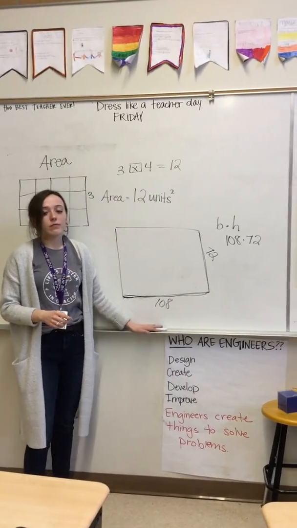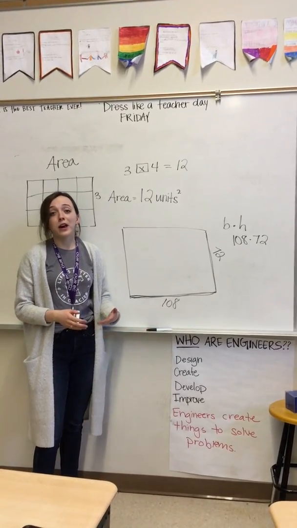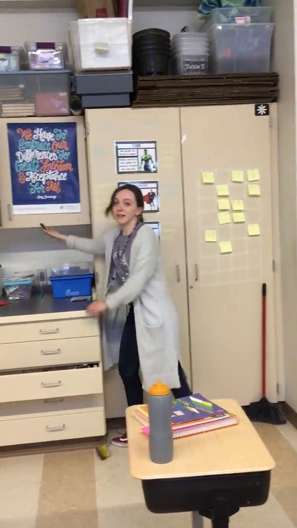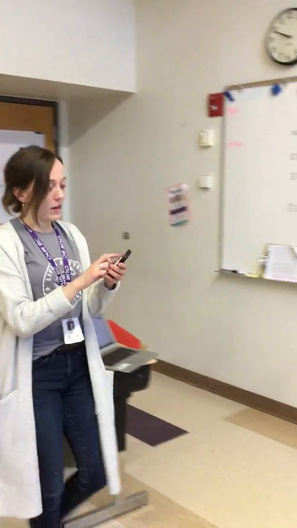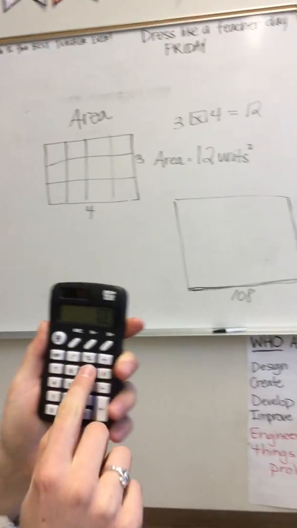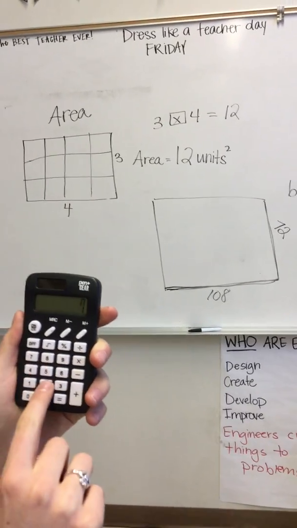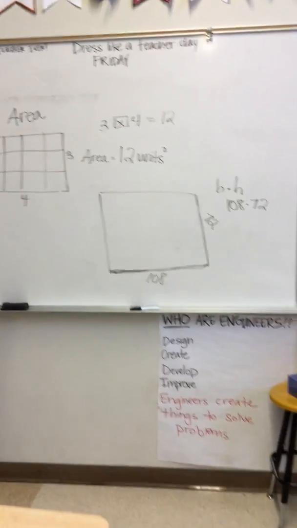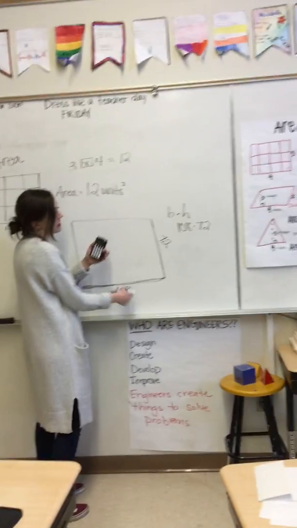Now, we are going to let you use your calculators for this assignment. So I'm going to walk over and grab a calculator. And I'm going to type into my calculator 108 times 72. And I will get my answer, which is 7,776.